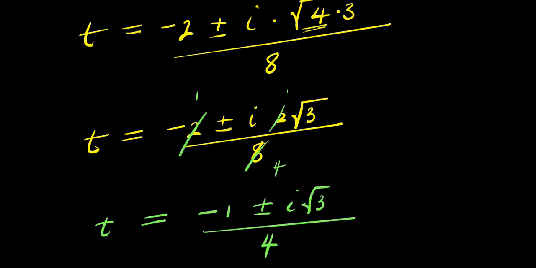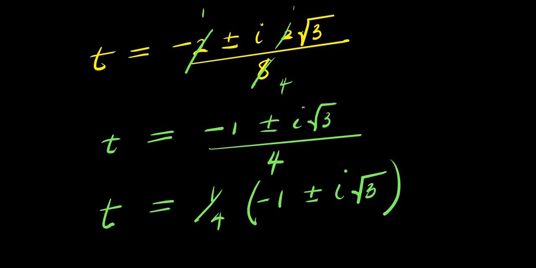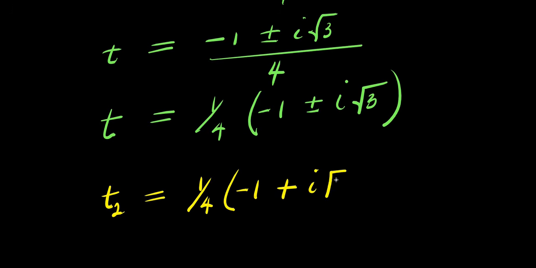So at this point, we can factor out 1 over 4. t equals 1 over 4 times negative 1 plus or minus i root 3. So from here, I can have my t2 equals 1 over 4 times negative 1 plus i root 3.